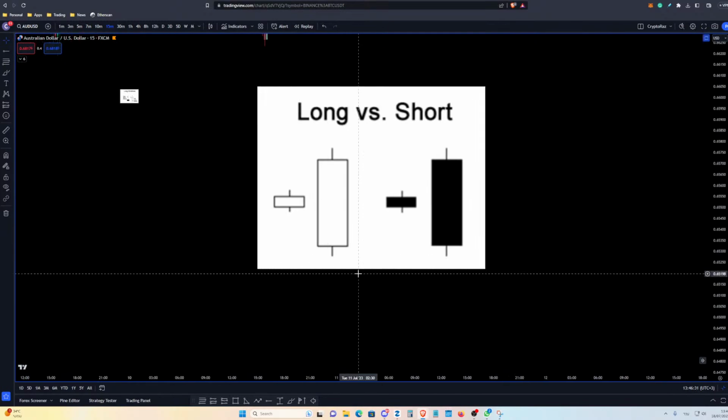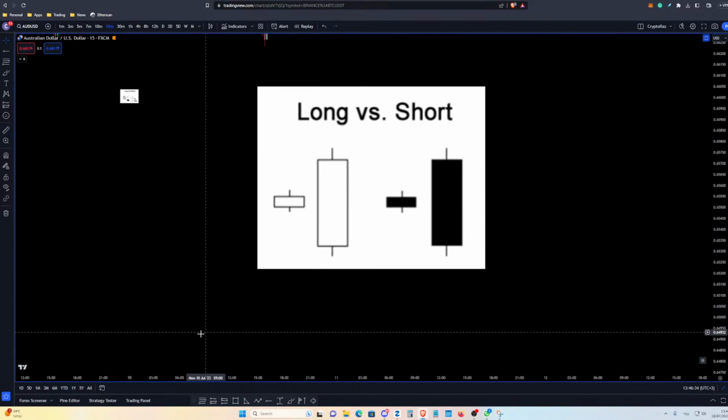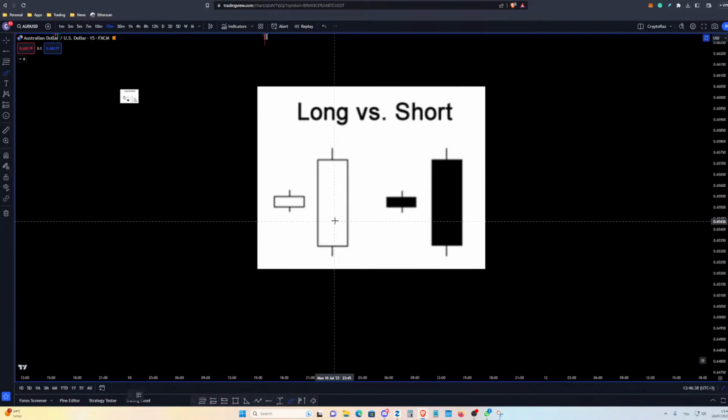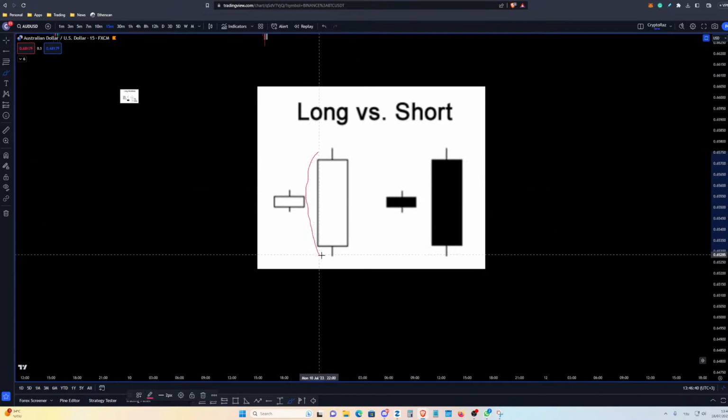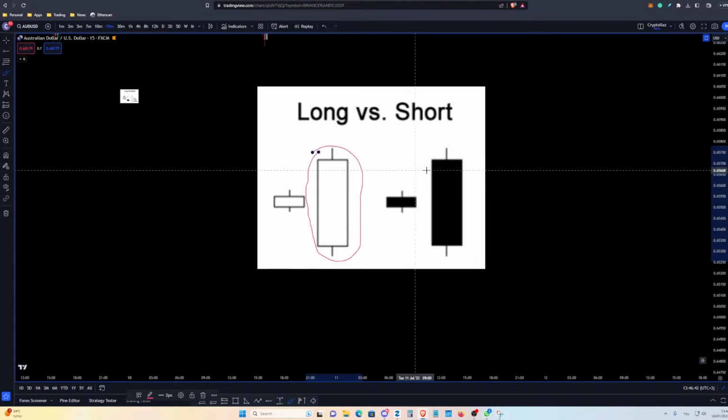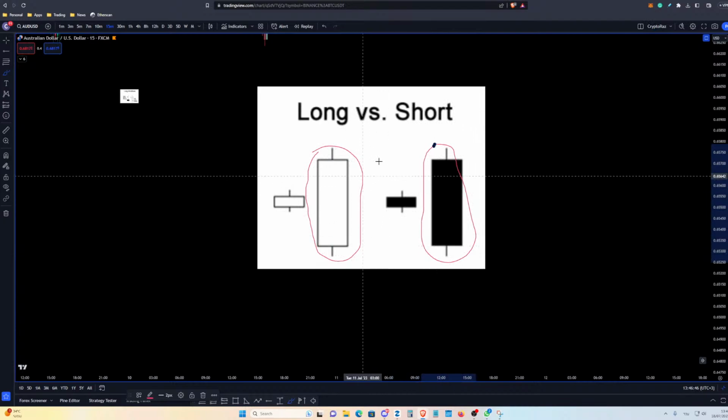Long bodies, okay, refer to strong buying or selling pressure, meaning if you see a candle like this or a candle like this pointing downwards, and how do you know that? Refer back to our what is a candlestick. We know that the thin lines poking above and below the body are called shadows, the top of the upper shadow is the high, the bottom of the lower shadow is the low.